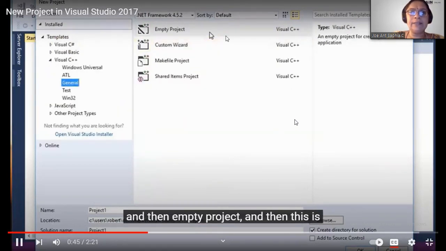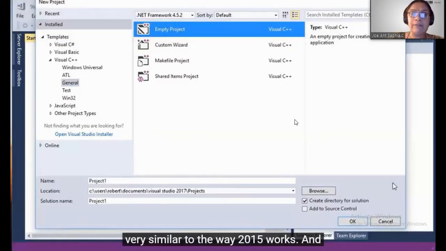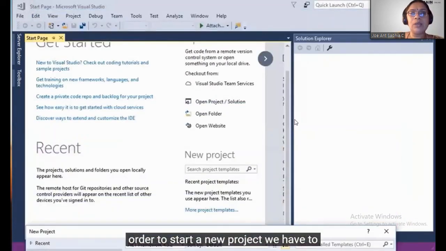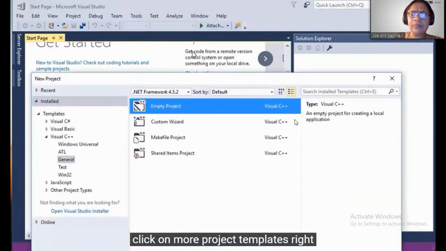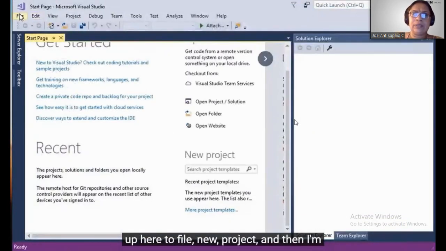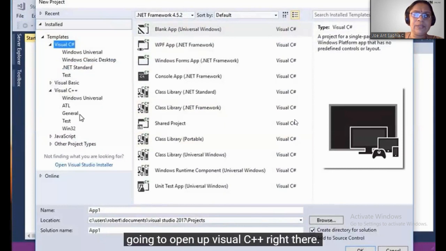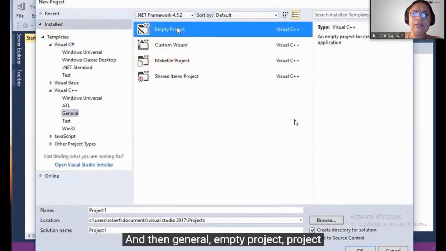These are custom wizard, empty project. So these are the varieties and combinations of design templates available for you. Whichever you want, you can choose. And when you choose accordingly, your template for coding will change. So this is Visual C++, General, empty project.